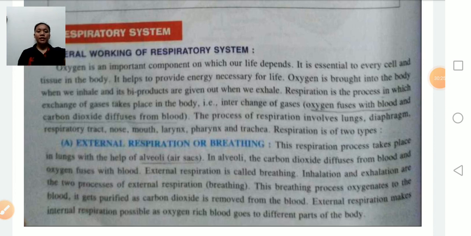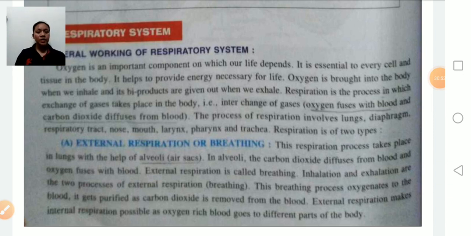When we inhale, oxygen goes inside the body. When we exhale, carbon dioxide comes out from the body.